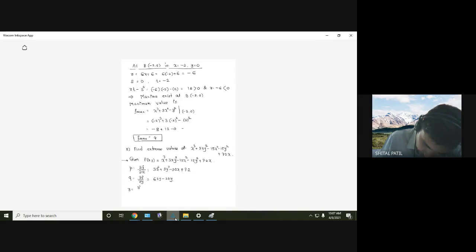So derivative of this term with respect to x.